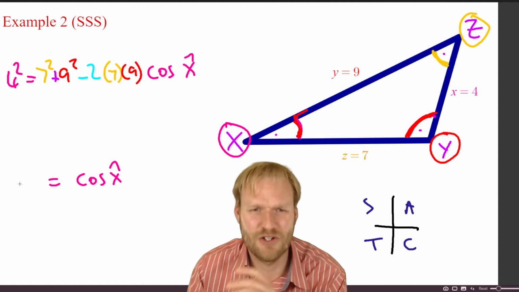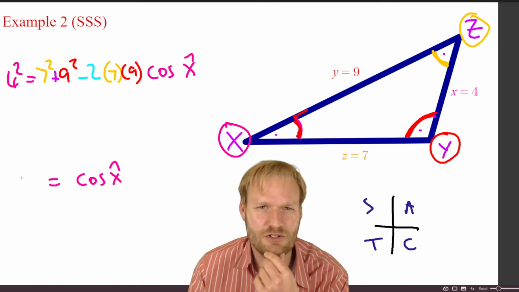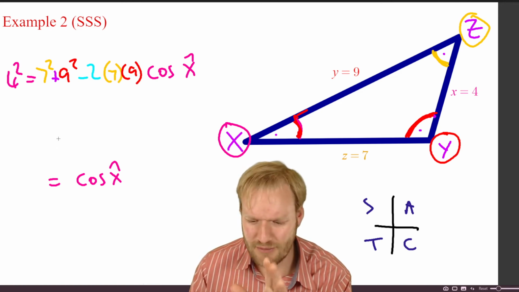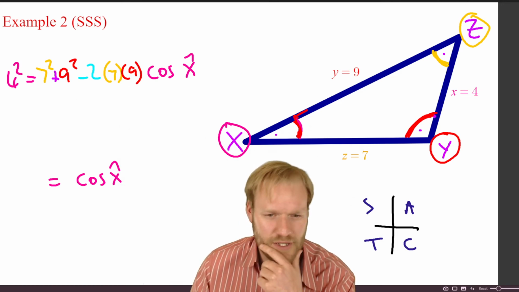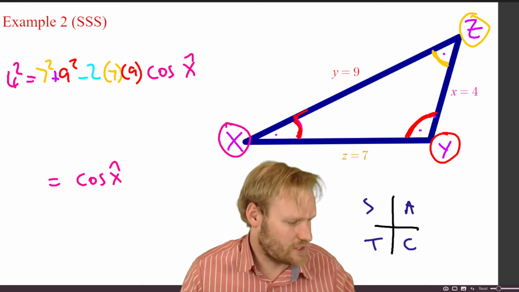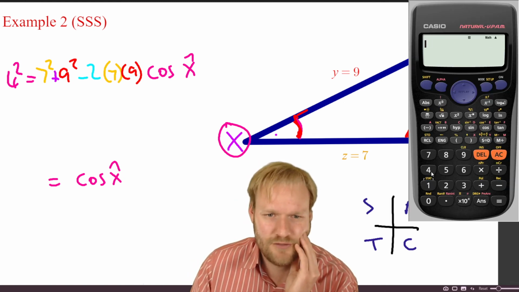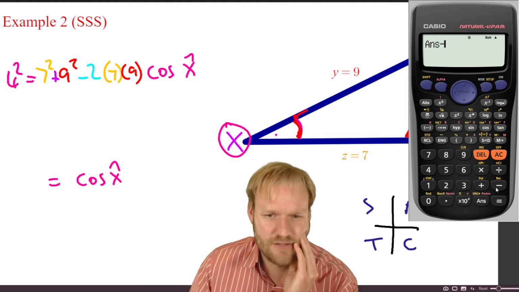How did you get on doing that? Pause, try it, and then respond. Because you've got this 4 squared, maybe you're doing it on your calculator as you go along. So you're going, okay, I've got the 4 squared on the left-hand side. I need to subtract the 7 squared.